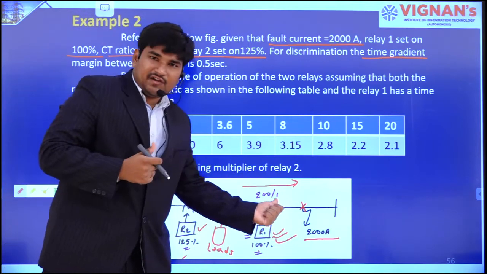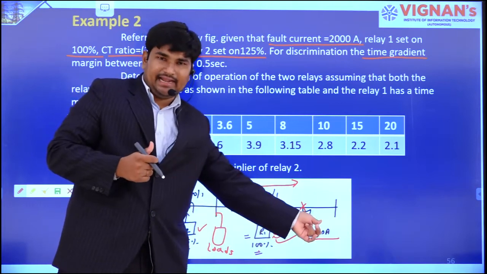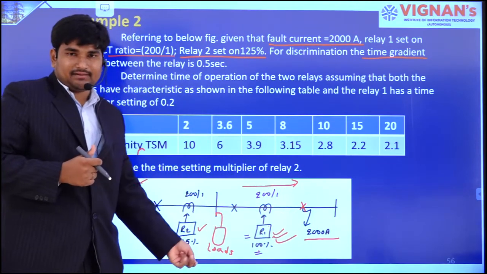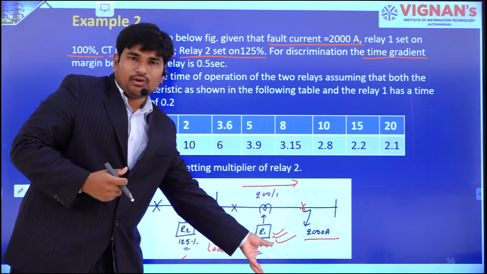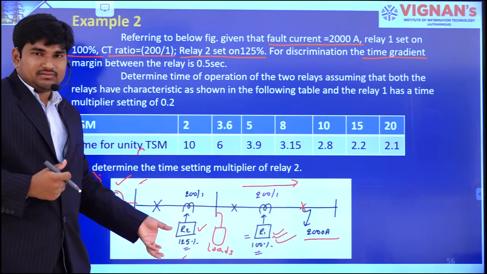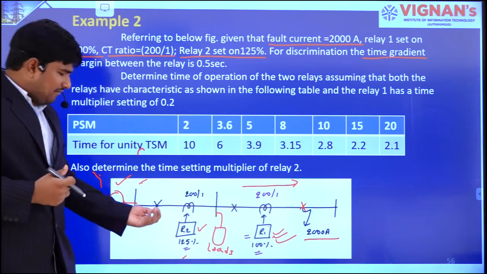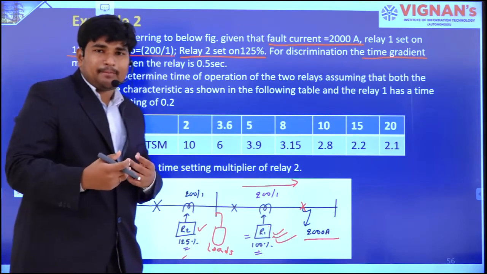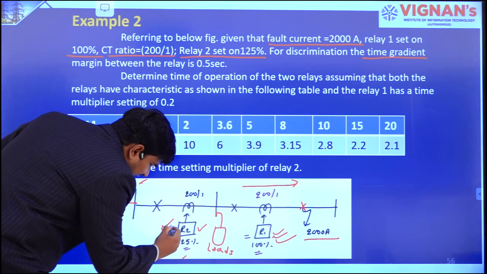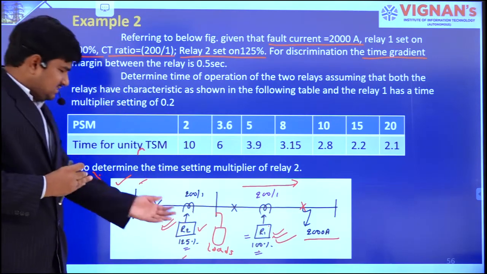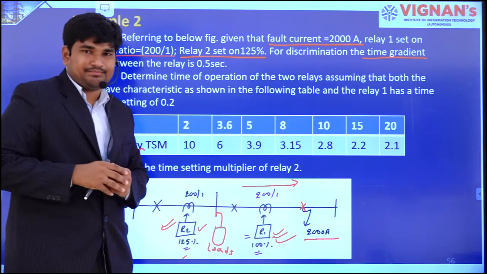Then because of this fault current, the loads will get affected after some time. So I need to have a backup protection to protect the loads as well as the supply. So with some amount of time delay, I will place relay 2 in another zone of the protection system.